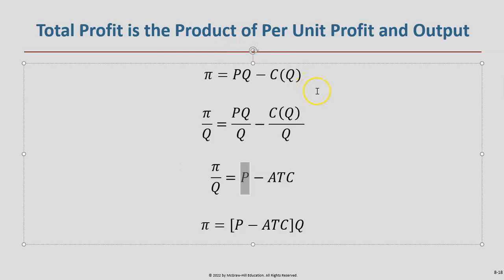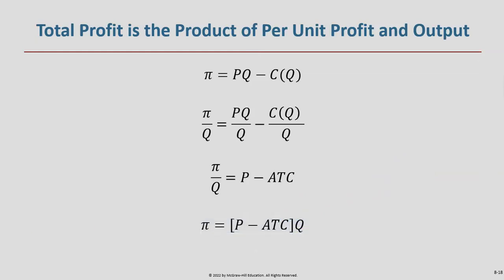Okay, so average revenue minus average cost is also an expression for profit per unit, or per unit profit. Now if you multiply both sides of the equation by output, then we have profit is equal to the product of per unit profit, price minus average total cost, times output.